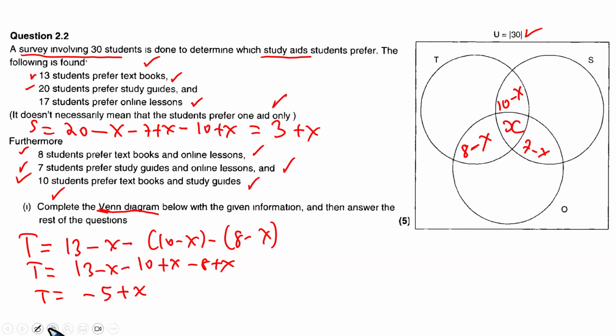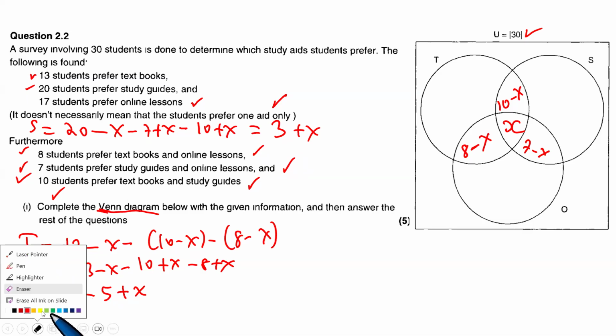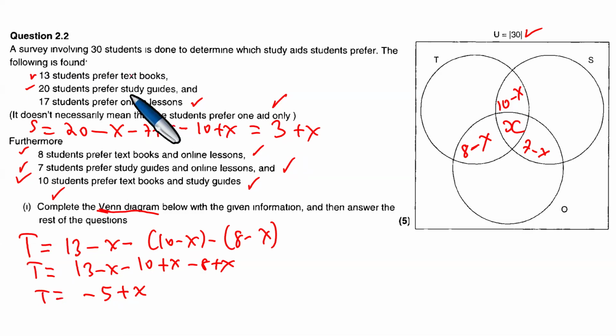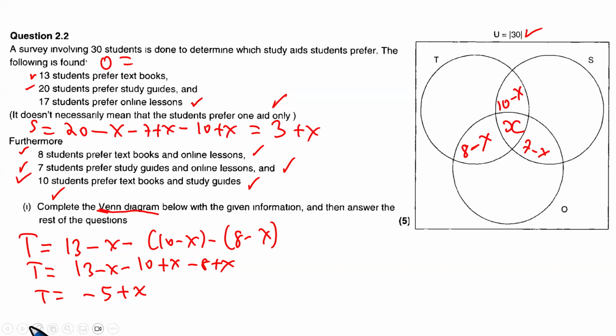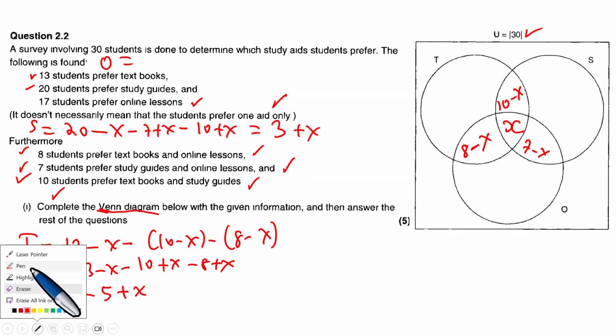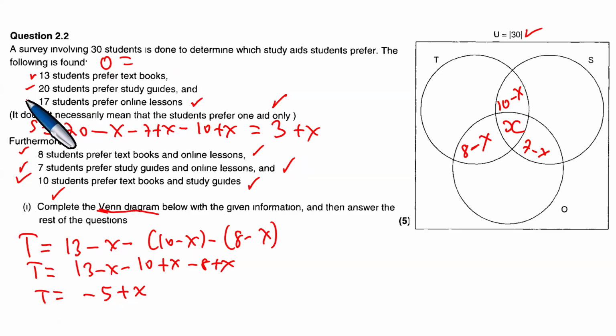Let us continue with our analysis of the very interesting Venn diagram question. Now let us look at the online classes. There are some students who love online classes relative to the study guides and everything else. How many of those are there? Those students are 17.